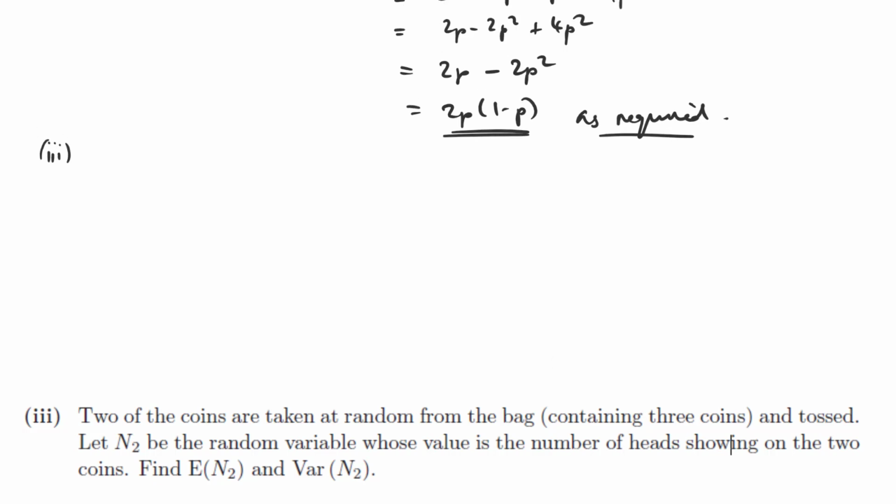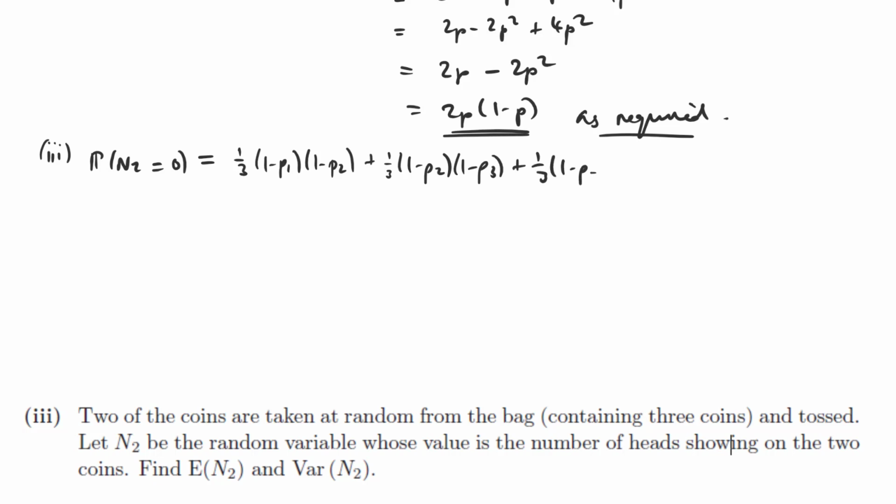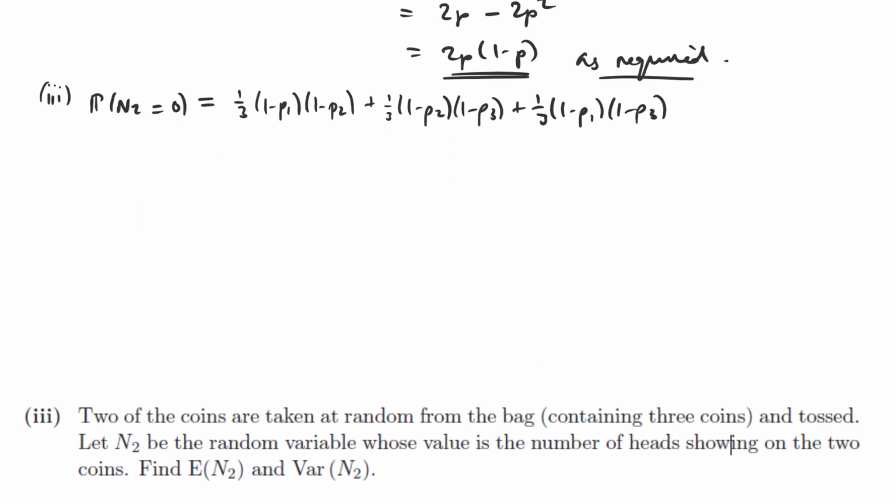So actually, if I want to think of the probability that n2 equals 0 here, that's going to be 1/3 times (1 minus p1) times (1 minus p2), plus 1/3 times (1 minus p2) times (1 minus p3), plus 1/3 times (1 minus p1) times (1 minus p3).